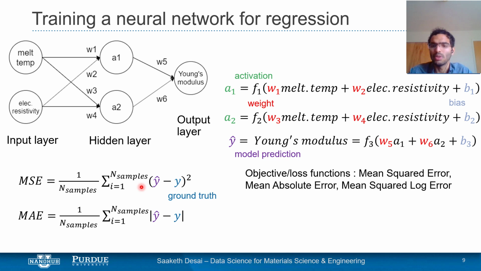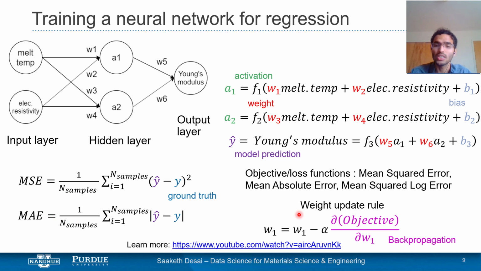Another example of this could be mean absolute error and some other variants of it, but the point of this objective function or loss function is to quantitatively define good predictions and bad predictions for a model. And having defined this error metric, we can now use backpropagation to come up with the ideal values for the weights and biases that will give us a good prediction, which by our error metric means a low mean squared error or a low mean absolute error.